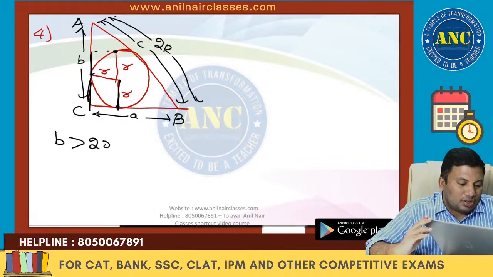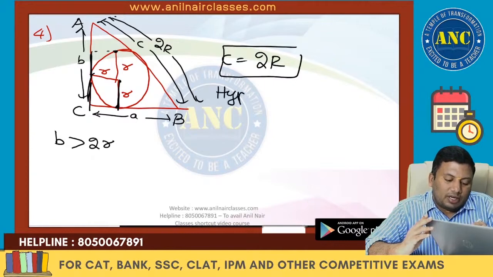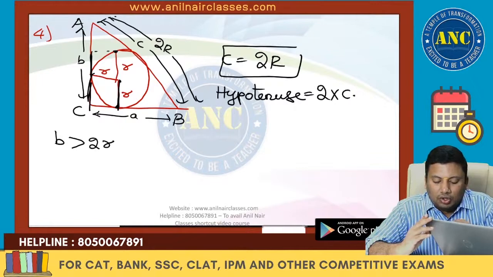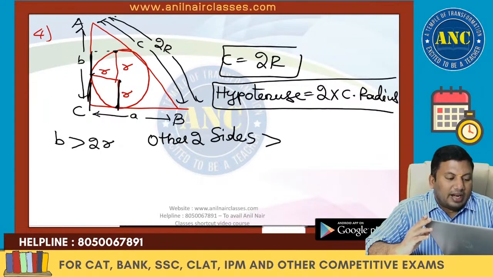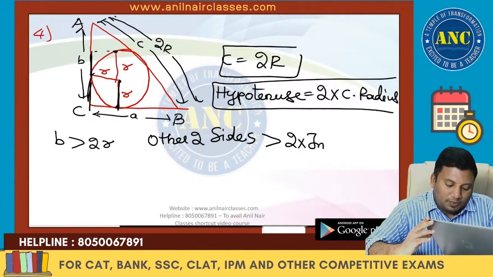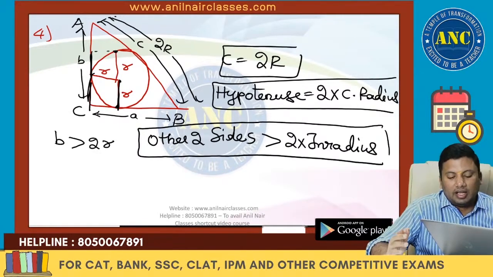That means c, the hypotenuse, is nothing but 2 into circumradius, and the other two sides should always be greater than 2 into inradius. Please write down: a side of a right angled triangle is always greater than 2 into inradius.